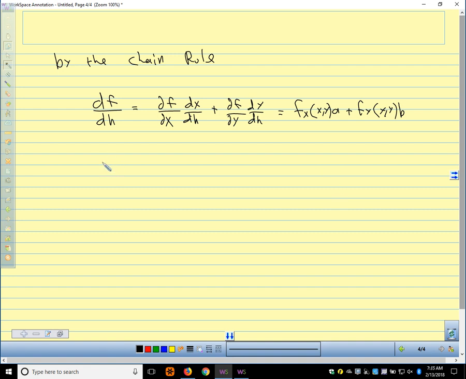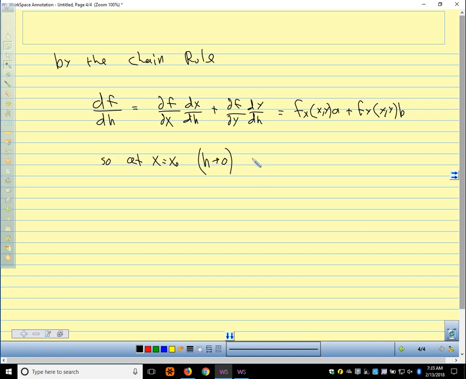And we can say at x equals x0, h is approaching 0. So at that particular point, h is approaching 0.